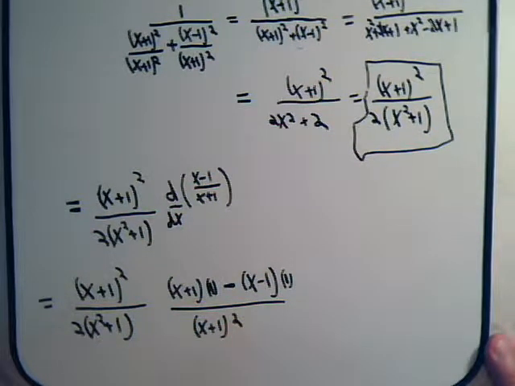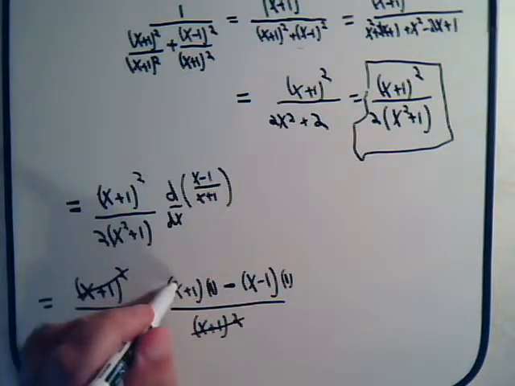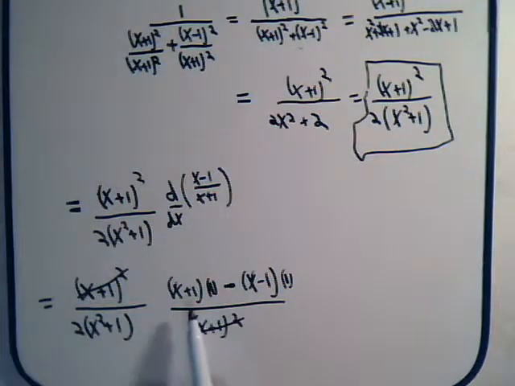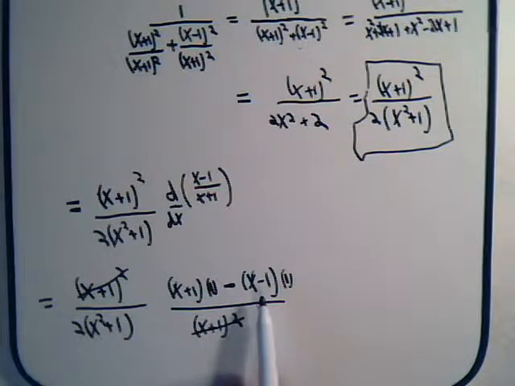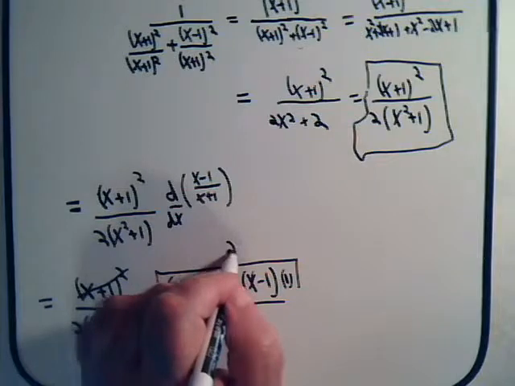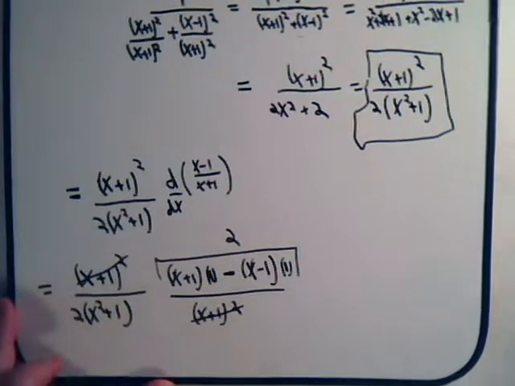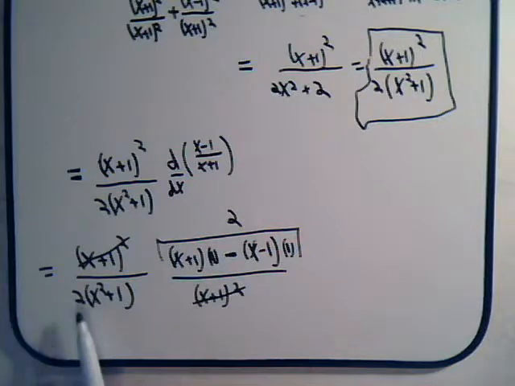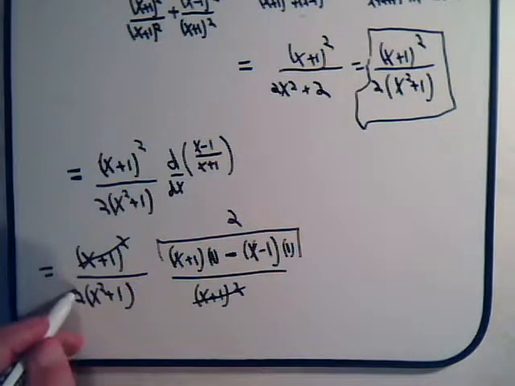And what does that leave us? Looks like these are going to cancel. And what do we have from here? We have x minus x, so those are going to cancel out. And then we have 1 minus negative 1, that's 2. So this whole numerator up here is just 2. What do we have left? We have 2 divided by 2 times x squared plus 1.